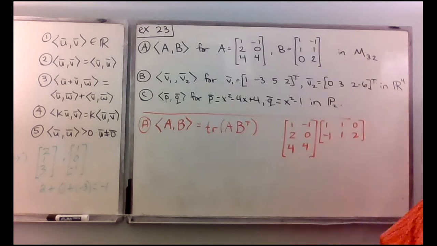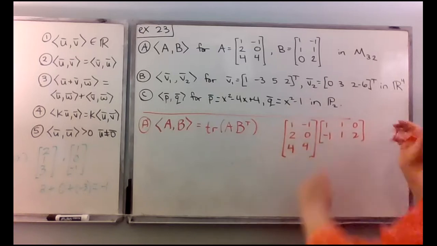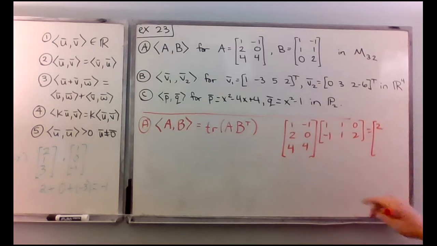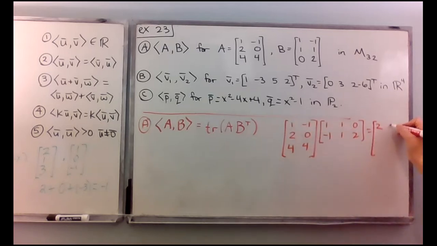Remember, in the transpose, the rows become columns and the columns become rows. Then we're just going to multiply like usual. So I'm going to have 1 plus 1, which is 2. Then 1 minus 1, which is 0. And then 0 minus 2, which is -2.